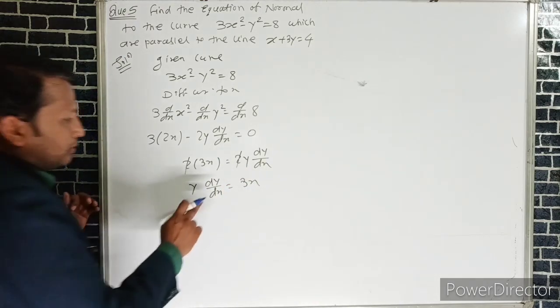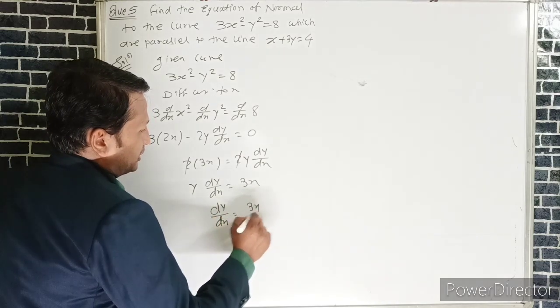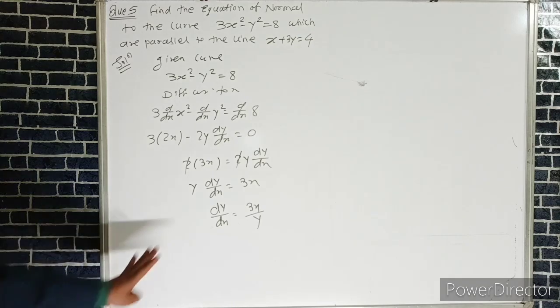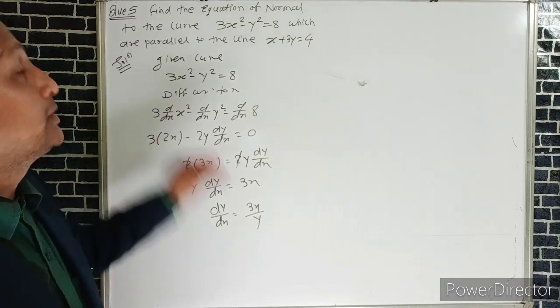So dy/dx is equal to 3x/y, which is the slope of the tangent. But here we have to find the equation of normal.